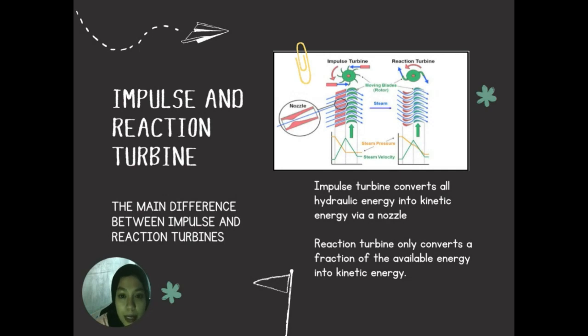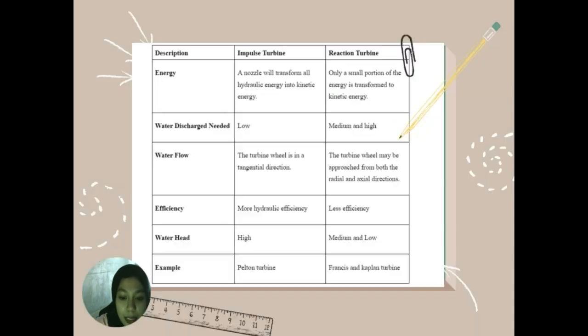The main difference between impulse and reaction turbines is that the impulse turbine converts all hydraulic energy into kinetic energy via a nozzle, whereas the reaction turbine only converts a fraction of the available energy into kinetic energy. The differences between the two types of turbines are depicted in the table here. So we go one by one.